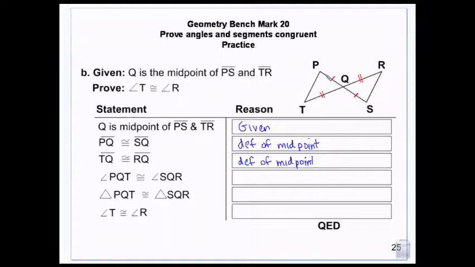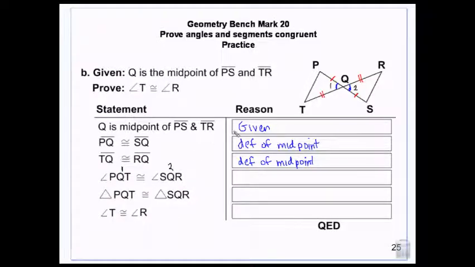Okay, and now if I look at this, I have two sides again, side, side. So my choices are side, side, side, or side, angle, side. And I don't know anything about these sides, but these angles are vertical. And vertical angles are congruent. So I can say that the two angles are congruent. And again, if you want, you can number them. So this would be like angle 1 and angle 2.